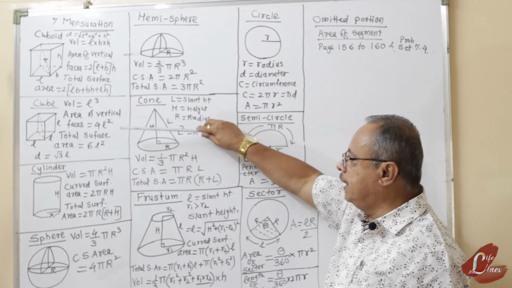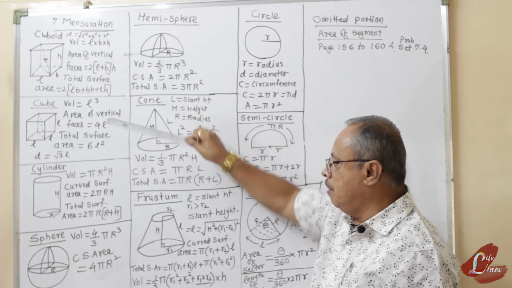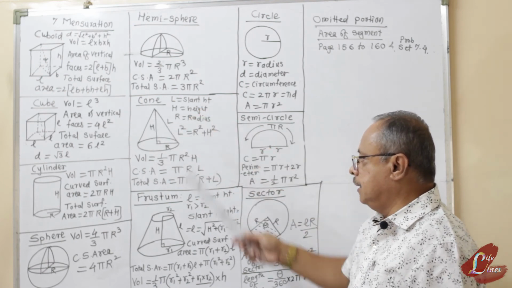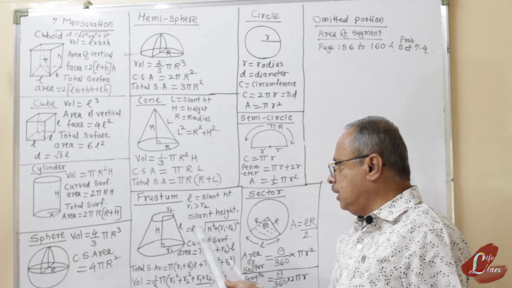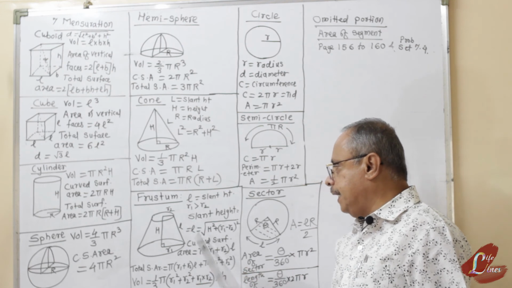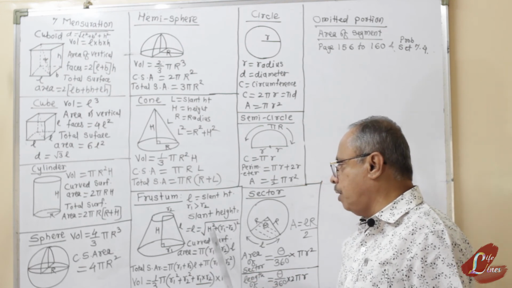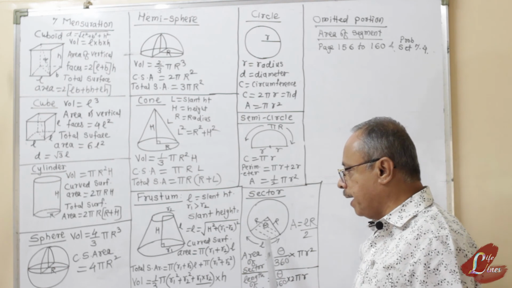If this cone is cut in between from the top some distance, then it becomes a frustum. The slant height L is the square root of h square plus bracket r1 minus r2 the whole square.